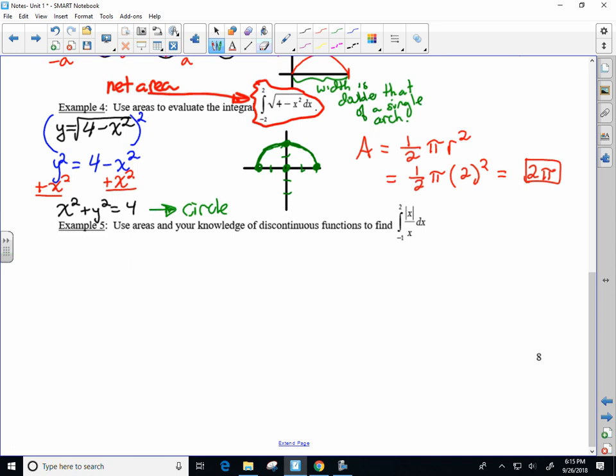So what we need to do is get a picture here. In order to get a picture, it might behoove us to take a look at this function and see what's going on here. All right, so absolute value of x is the same as plus or minus x.